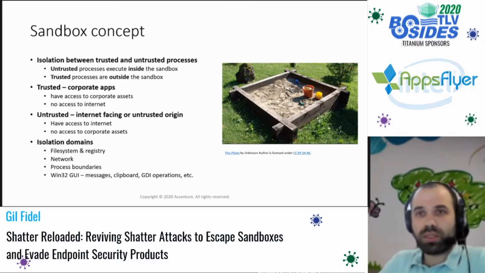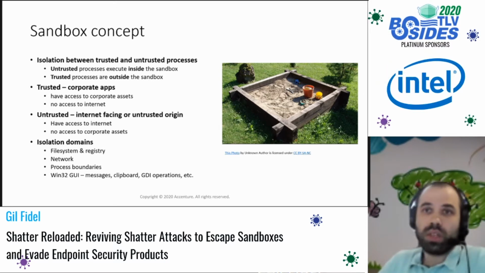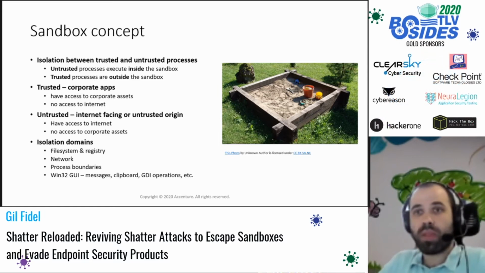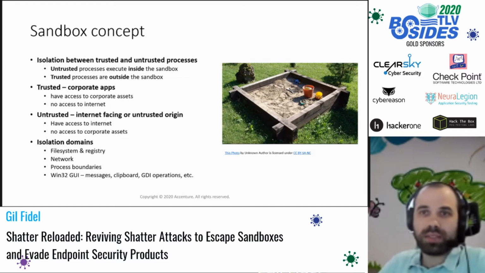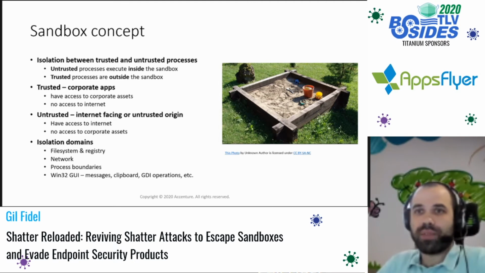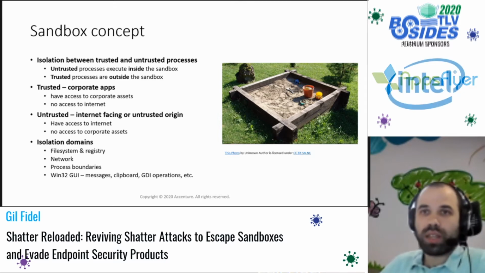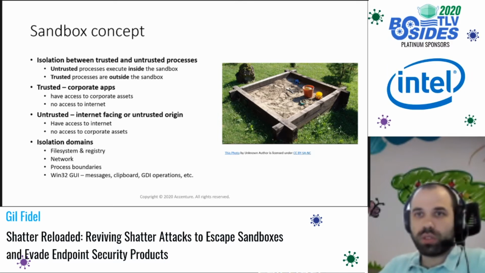Untrusted ones, which were running inside the sandbox, are processes that communicate with the internet directly, like web browsers. Whereas trusted processes are the ones that actually access and process sensitive corporate data, like documents, etc., and have access to the corporate network. Basically, this sandbox wanted to isolate between them so that if, for example, some client-side attack achieved code execution in the browser, it would not be able to do any further damage or collect any information.